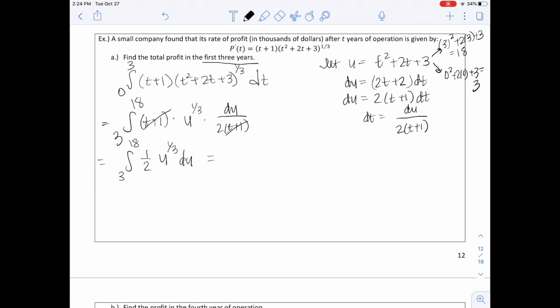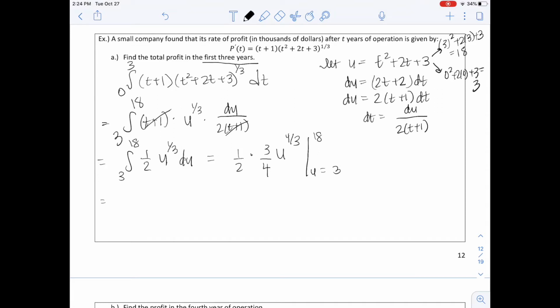When I integrate this, I end up with 1/2 times, adding 1 to my exponent, I have u to the 4/3, and I multiply by the reciprocal of that out in front. Again, we do not need to put a plus c because it is a definite integral, and we're evaluating this from u equals 3 to 18.